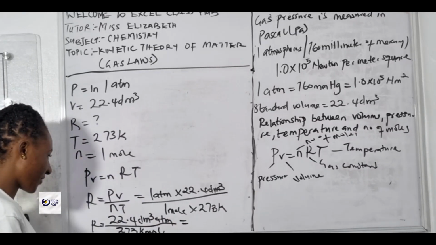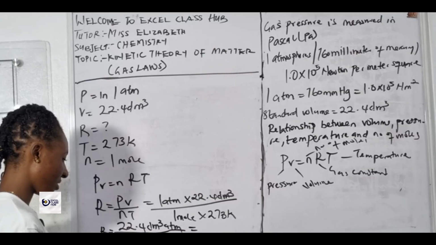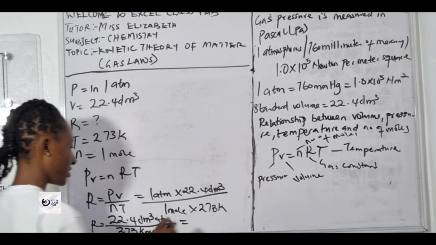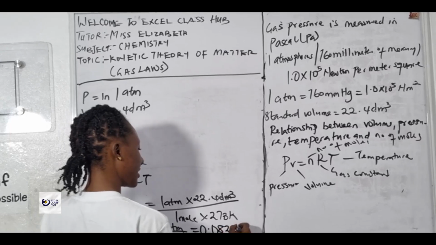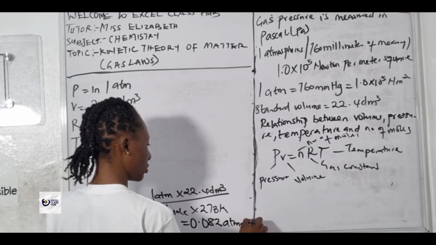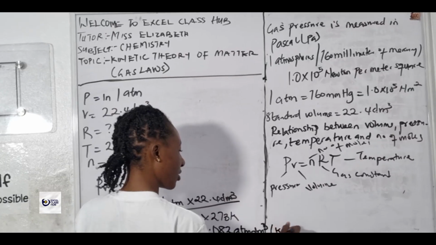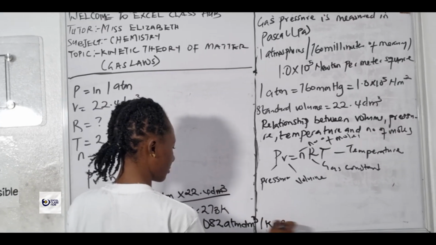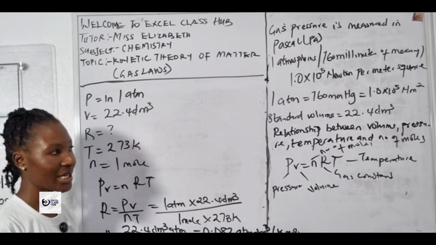Altogether, we have 22.4 divided by 273 to give us 0.082 atm dm cube per Kelvin mole.